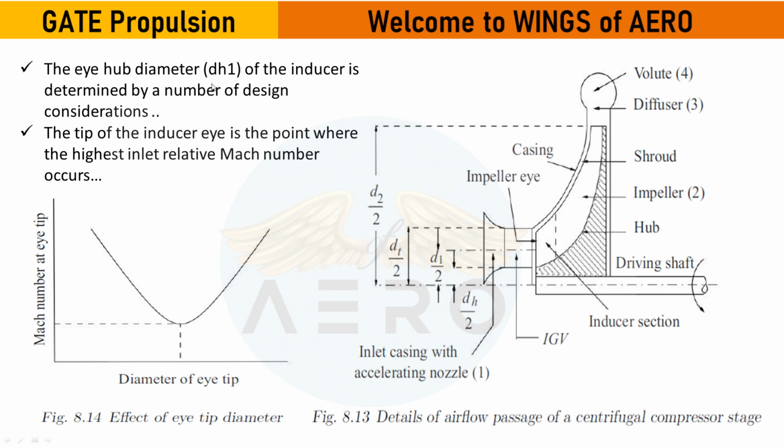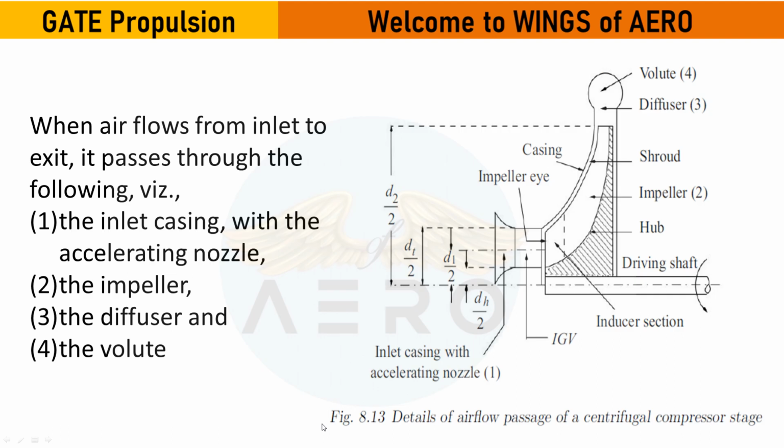It is used to determine what the Mach number should be. So what is the ideal Mach number? This plays a very important role in determining at what speed the fluid is entering.